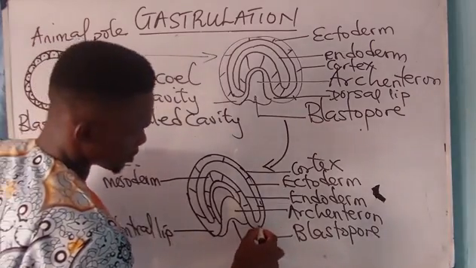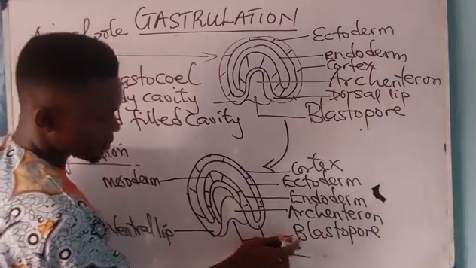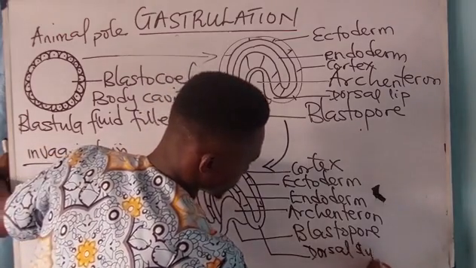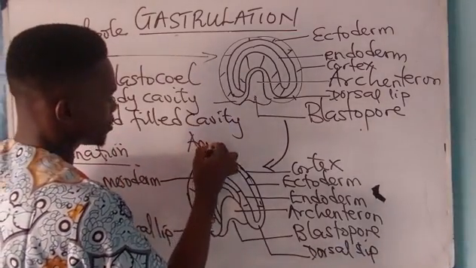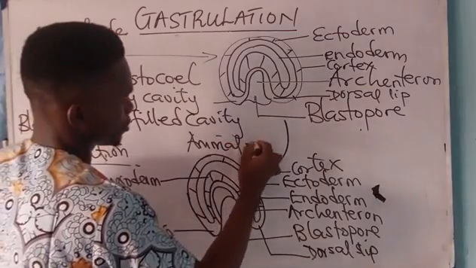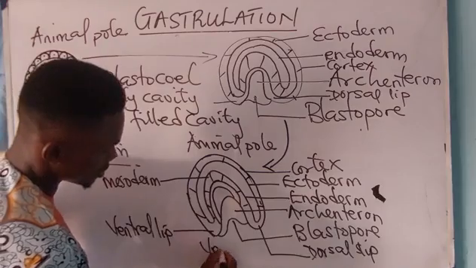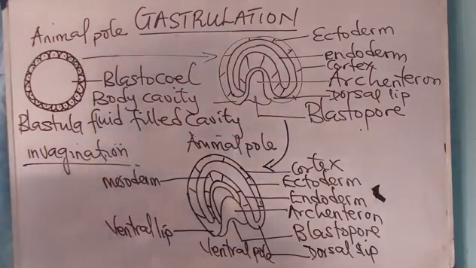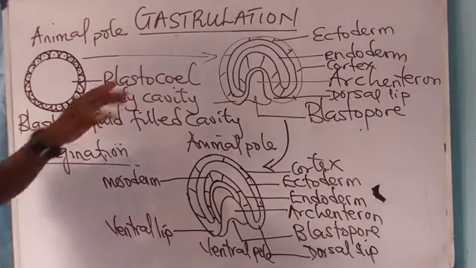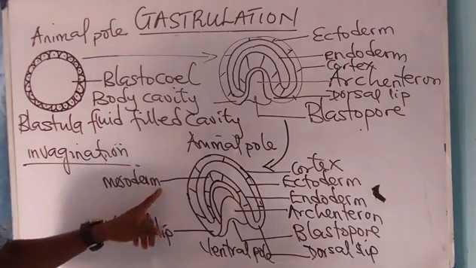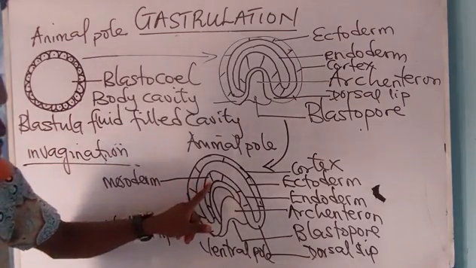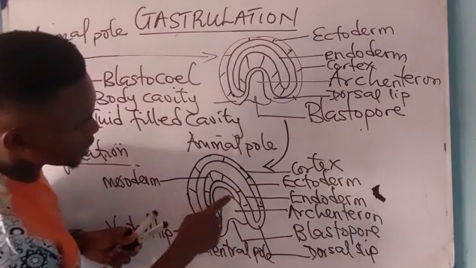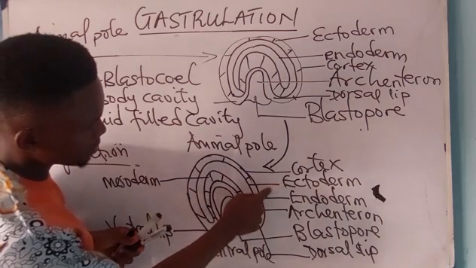And here is what? This is the dorsal lip. This is the animal pole, very important, and this is the ventral pole. What I've just done is the life cycle of what? Gastrulation. You can see now that the mesoderm is actually found between the ectoderm and what?